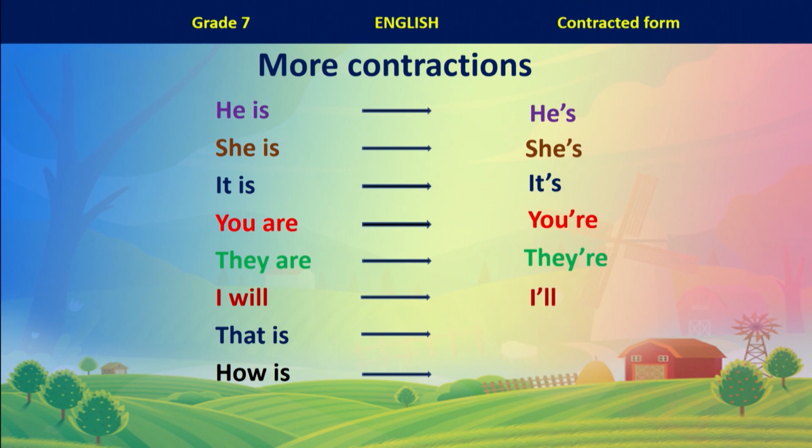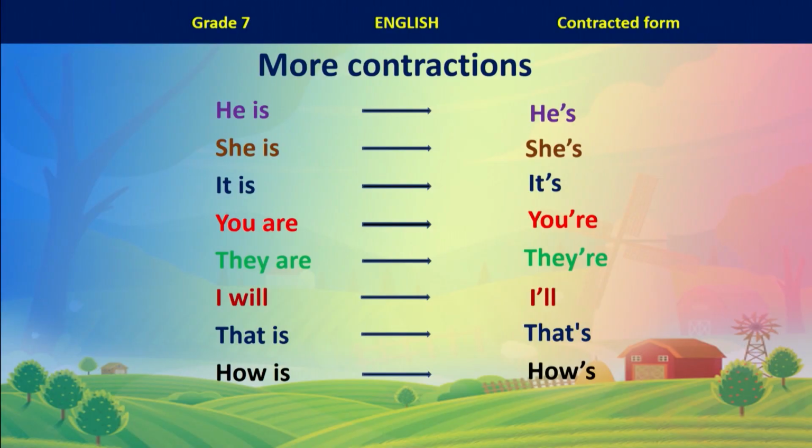I will, I'll. That is, that's. How is, how's. Okay. Let's read these again. He is, he's. She is, she's. It is, it's. You are, you're. They are, they're. I will, I'll. That is, that's. How is, how's.